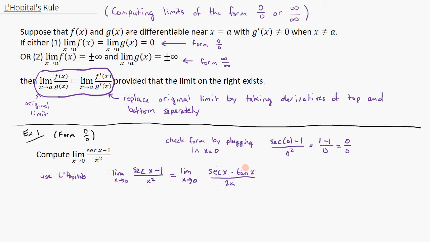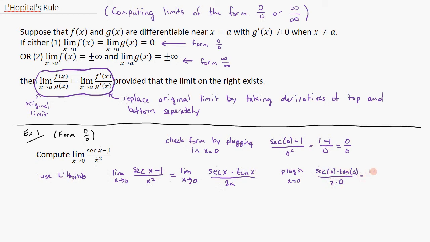Now we have to try to compute the new limit. Again, we check by plugging in x equals 0. We have secant of 0 times tangent of 0 over 2 times 0.